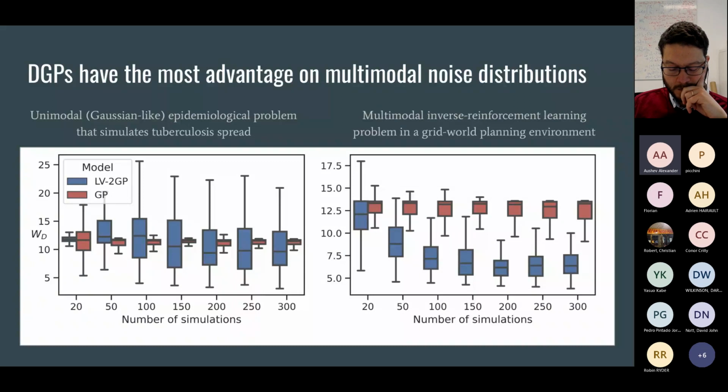So the whiskers essentially show us the variance, and the horizontal lines show the mean. Yeah. So if we use some test case with the multimodal simulator noise, we will get a much larger gap between the deep Gaussian process and Gaussian process.